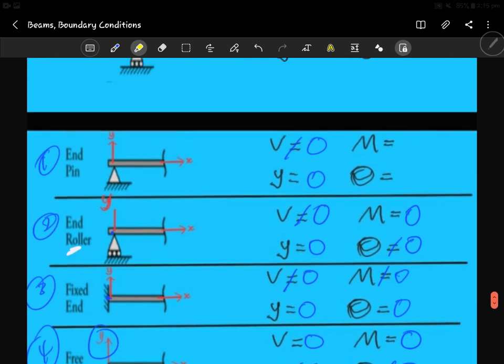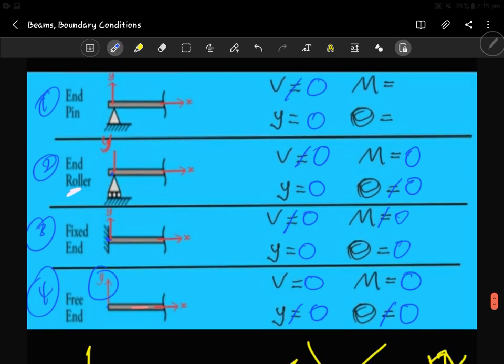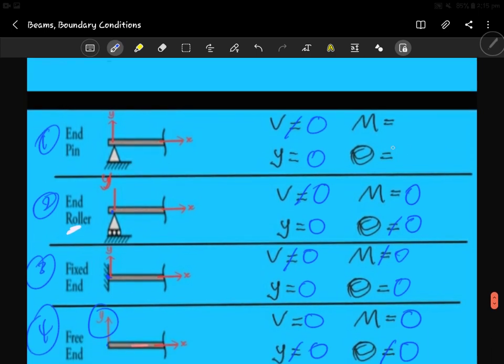Since there's bending, the slope here is not zero, and since there's bending, whatever can prevent the bending is zero. The bending moment is what prevents the bending, so this one definitely is zero. That's it. All right.